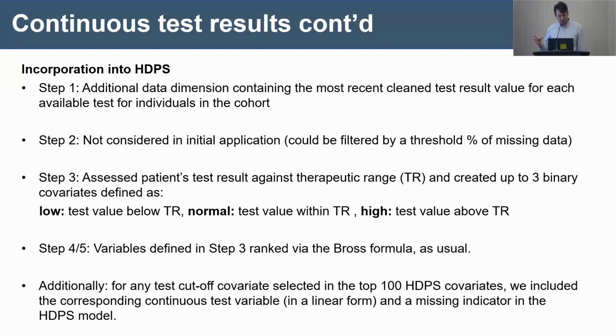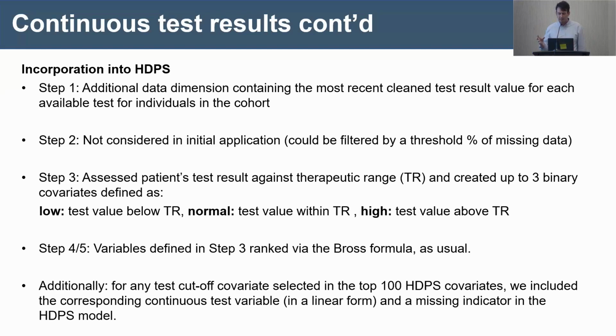In step 3, we assessed a patient's test results against this therapeutic range and created up to 3 binary covariates based on the value relative to that range. Here we've got low if the test value was below the therapeutic range, normal if it was within, and high if it was above. This creates more binary covariates which were added to the existing pool, and we ranked by the BROS formula as usual.